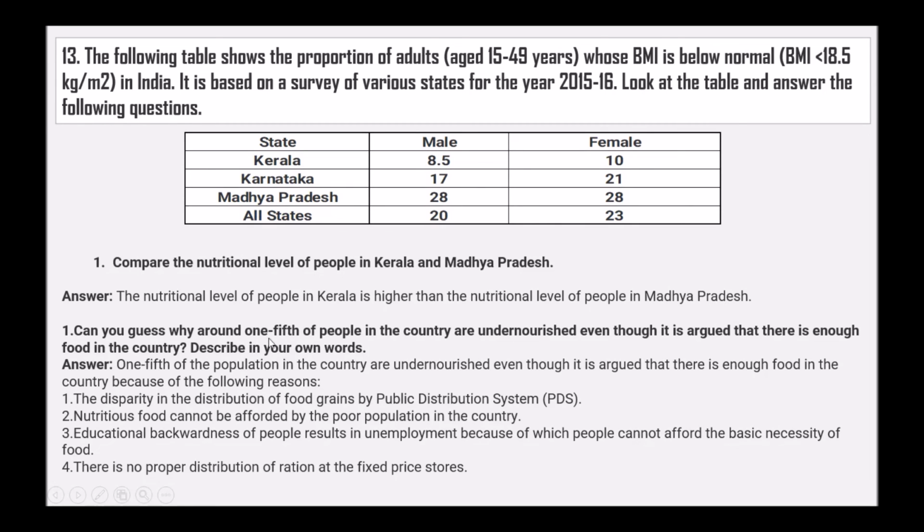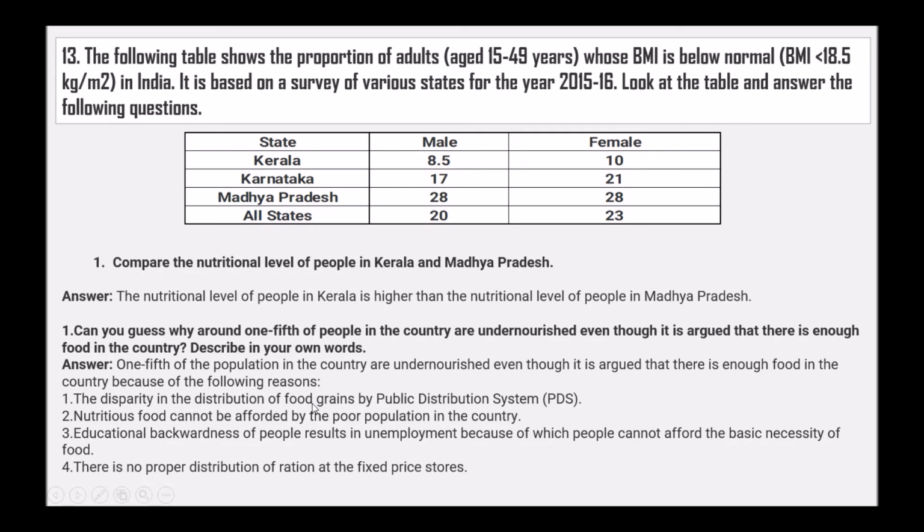Can you guess why around one-fifth of people in the country are undernourished, even though it is argued that there is enough food in the country? Describe in your own words. One-fifth of the population in the country is undernourished, even though it is argued that there is enough food in the country, because of the following reasons.